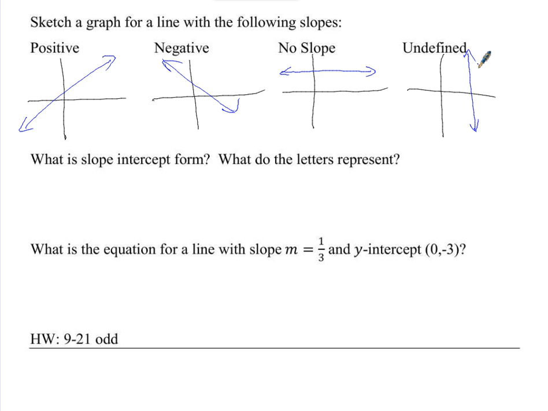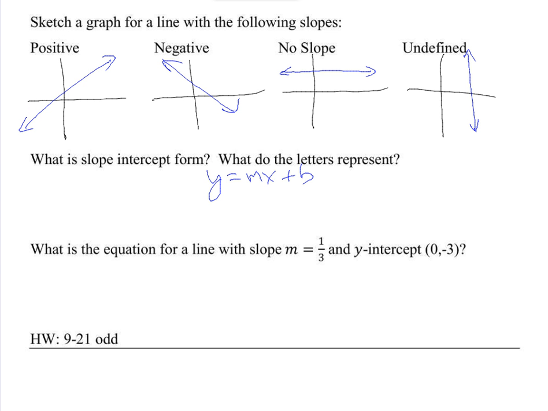Those need to be burned into the back of your eyelids. No easier way to check your graphing problems than to know that. Okay, what is slope-intercept form? Good. y equals mx plus b. What do the letters represent? So what is y? y is a variable.